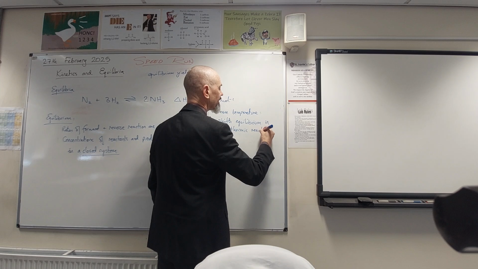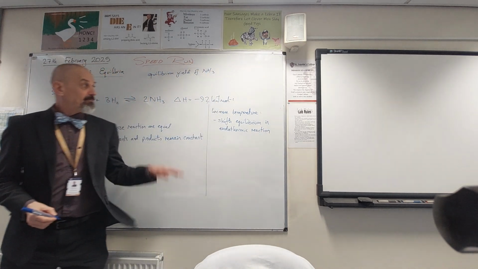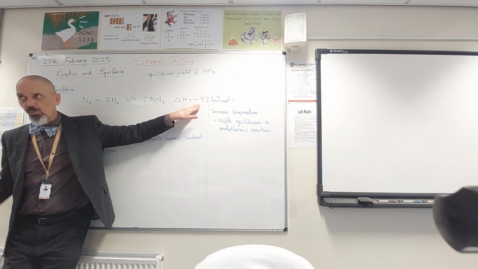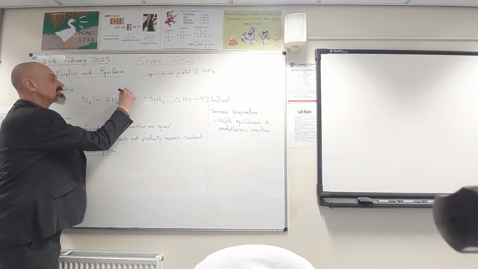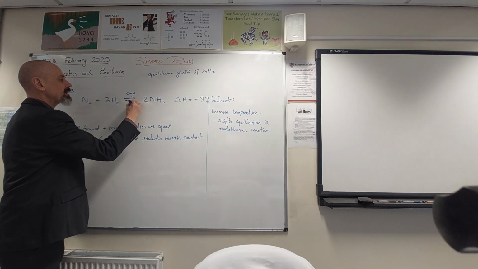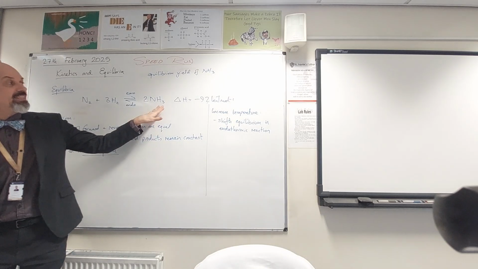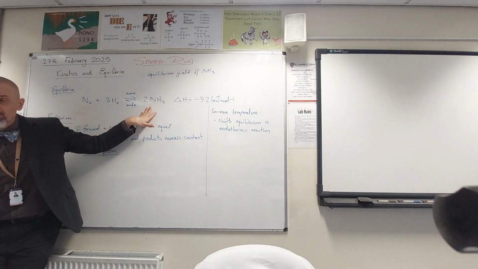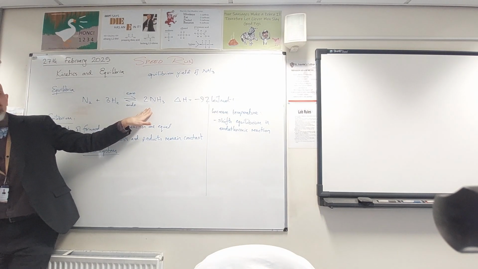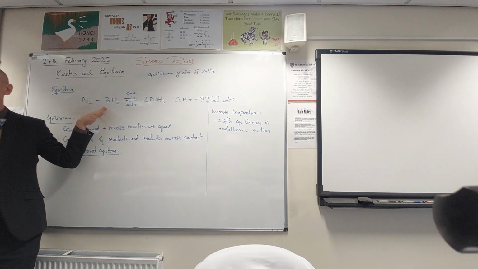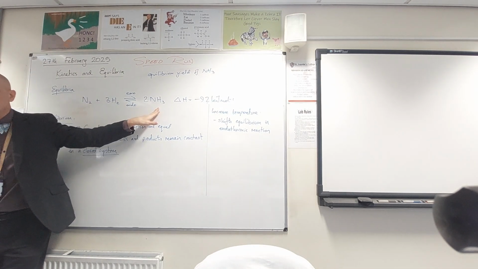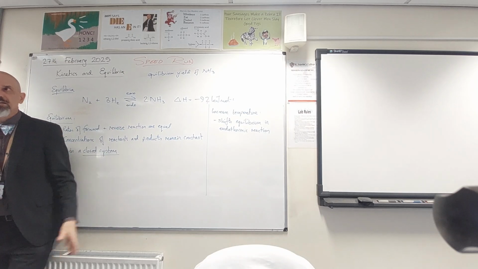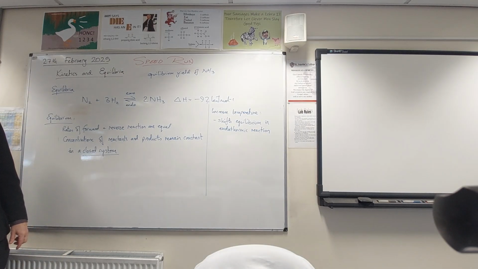So remember that if a reaction's exothermic forwards, negative delta H is exothermic, then it's endothermic backwards. So in this particular case, if I increase the temperature of the Haber process, it'll actually shift the equilibrium position backwards. I'll make less ammonia, or less of my reaction mixture will be ammonia.